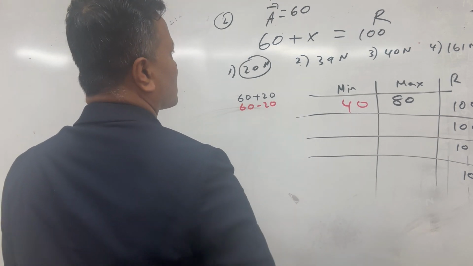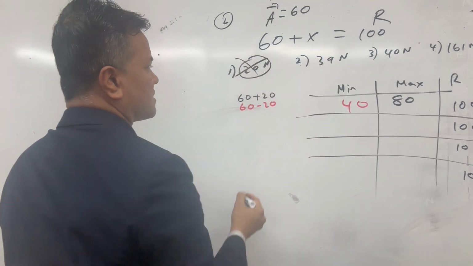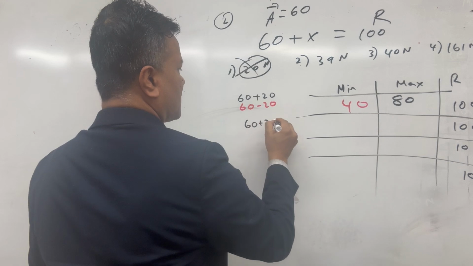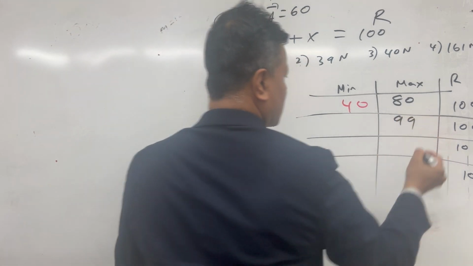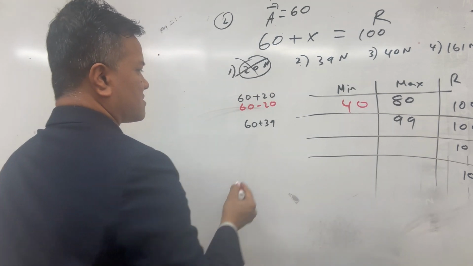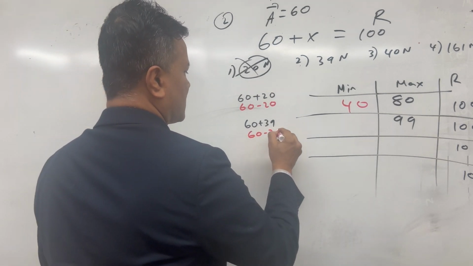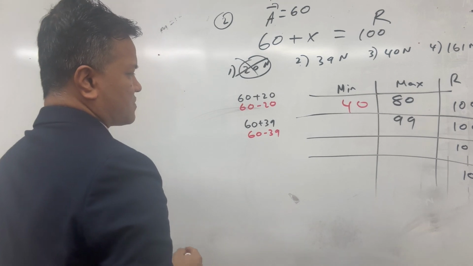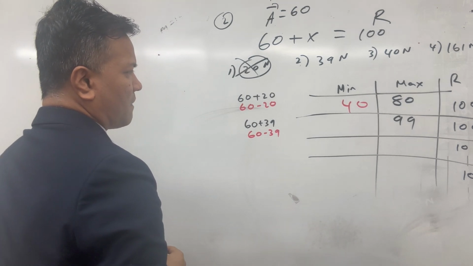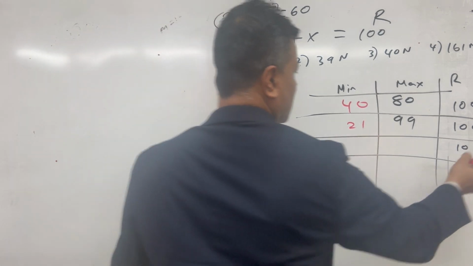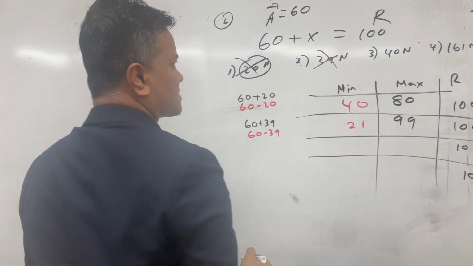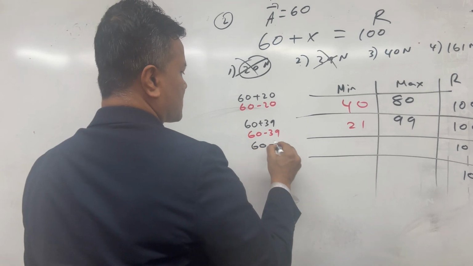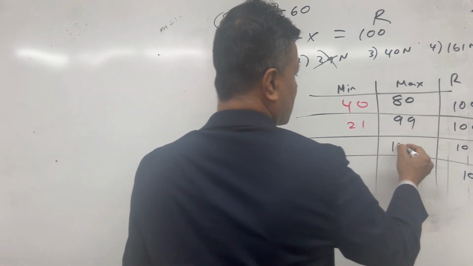Let's do 39. 60 plus 39 is 99, so 99 is not 100. 60 minus 39 is 21, so 21 is not 100. Let's do the other one. 60 plus 40 is 100.